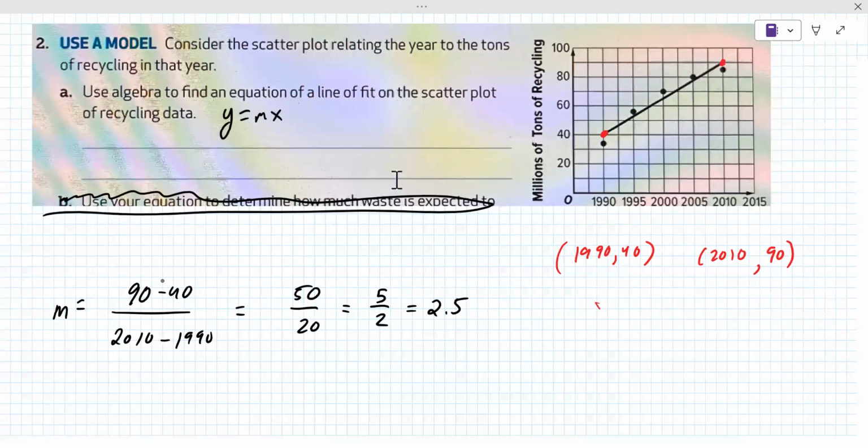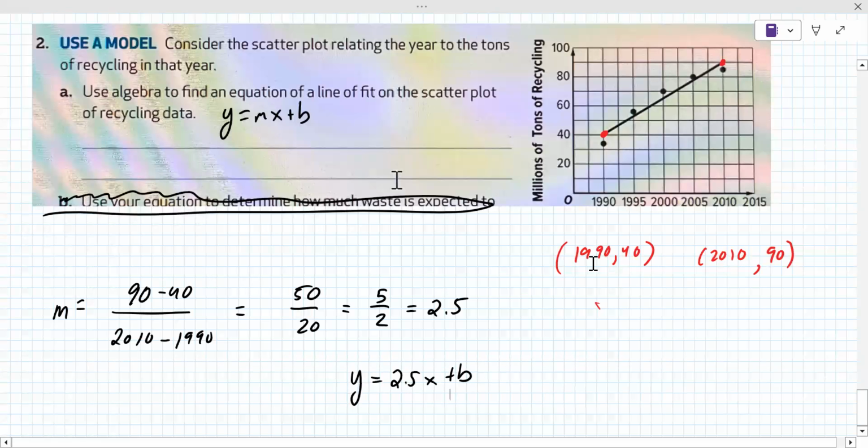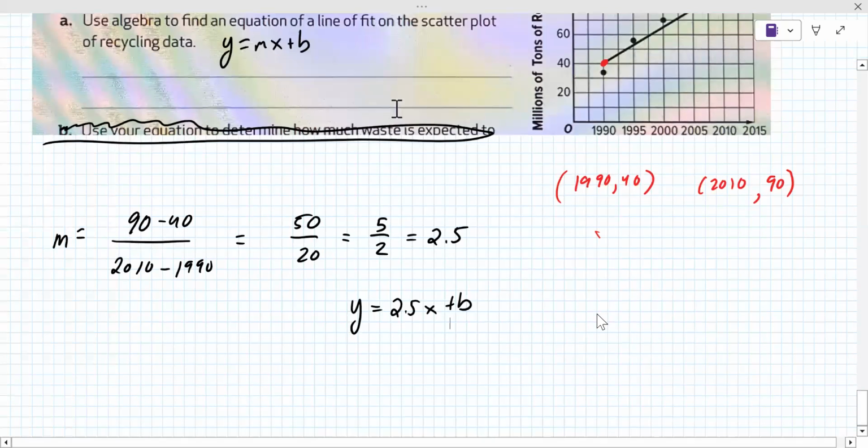That's only part of it though. That's checkbox 1. We've got y equals 2.5x plus b. To find the b value, you have to use one point or the other. It doesn't matter which; you pick the one you like better. Let's pick 1990, 40.